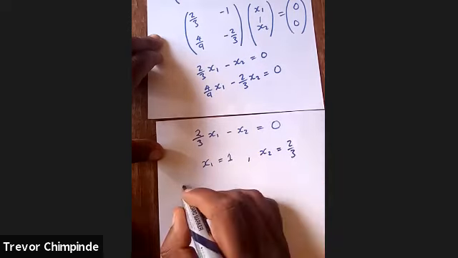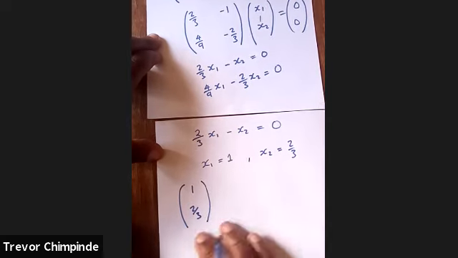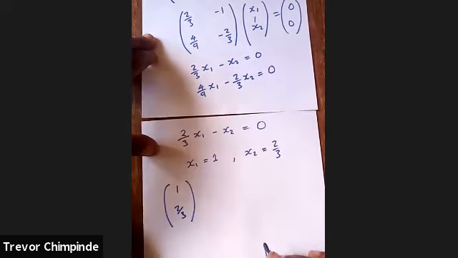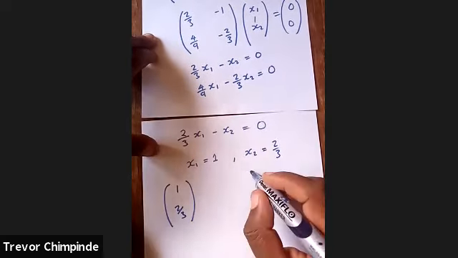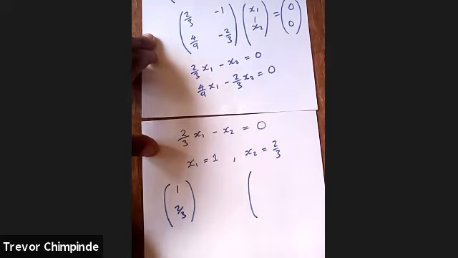And so my vector is 1, then the second entry is 2 over 3. If I want integer entries, I can pick the vector by multiplying this vector by 3, so that I get rid of the denominator, giving 3 and 2.